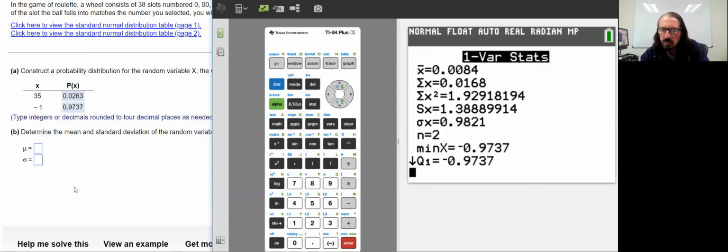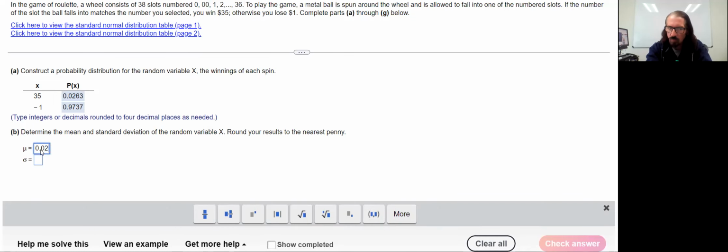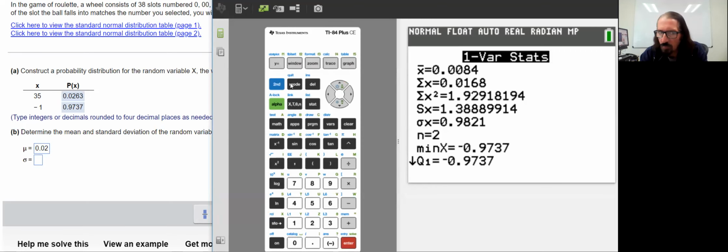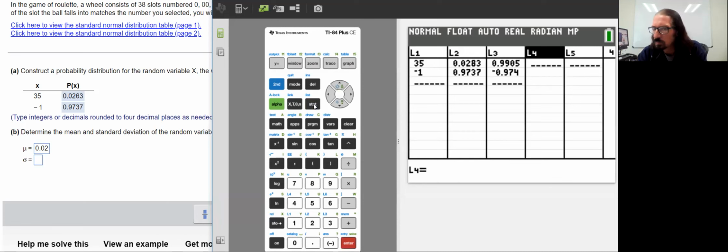That's 0.0168. But that would round to 0.02. And then sigma, I'm going to do that without the rounding, take 0.0168. Scores in list 1 minus that mean.